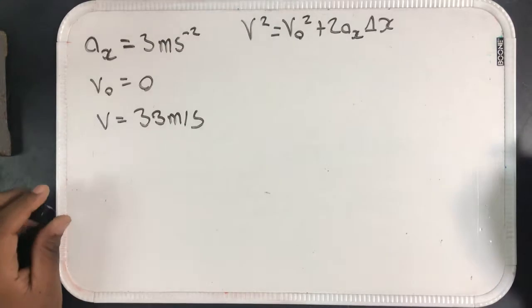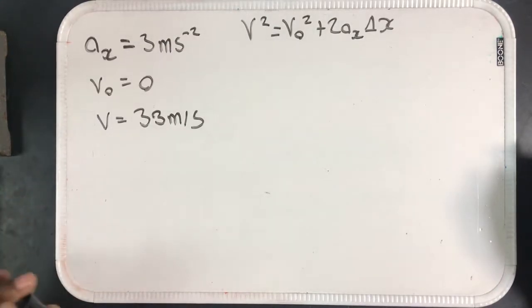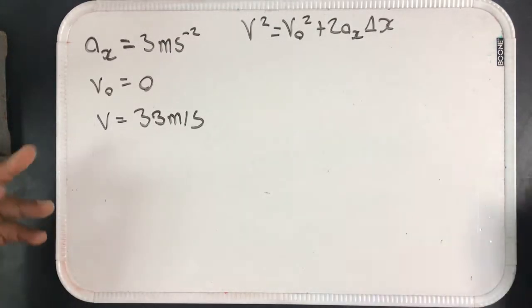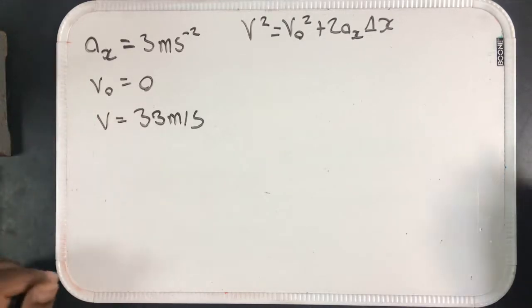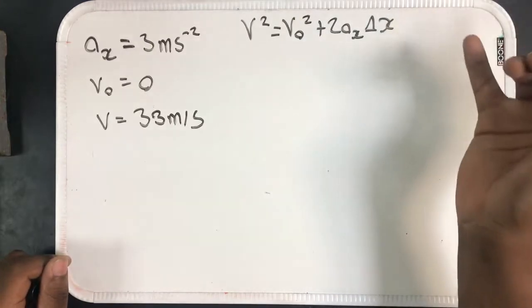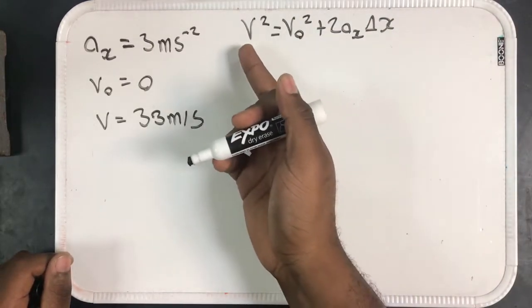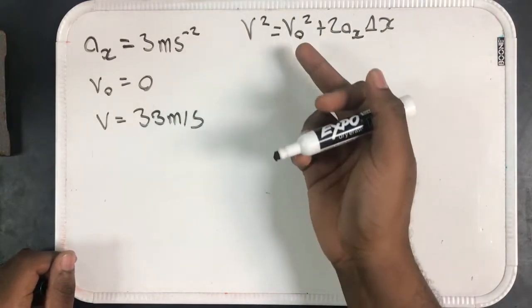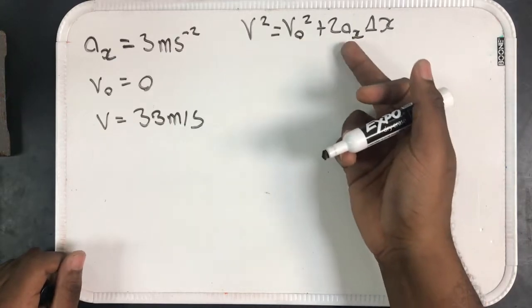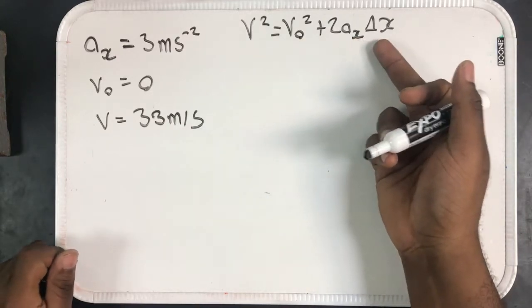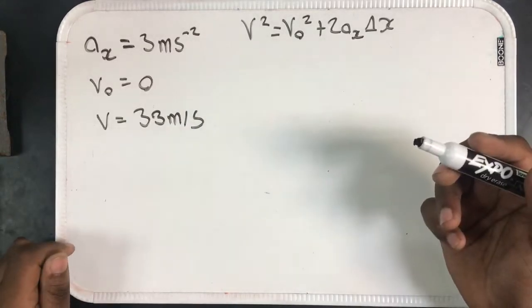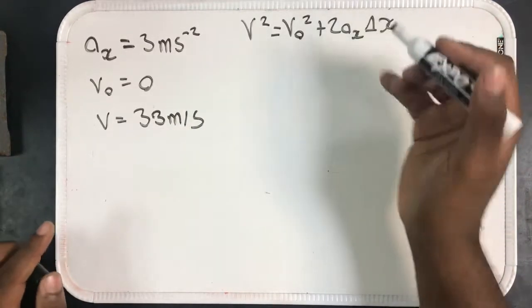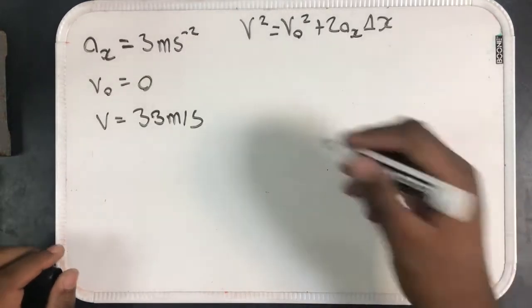Now, it's not a must that we use this equation all the time, but it just so happens that we have acceleration, initial and final velocity, and we're looking for the distance. In this equation, we have 4 variables, 3 knowns, so we can use this to find our one unknown.